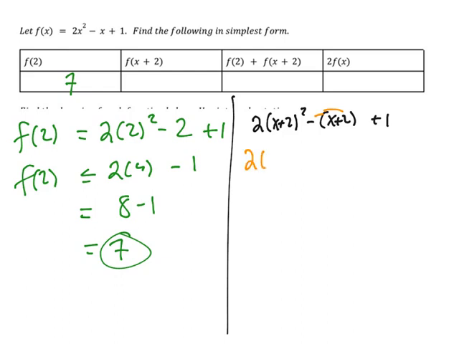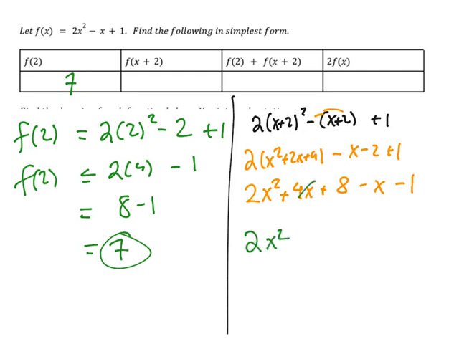Distribute that negative, expand (x plus 2) squared, distribute that 2, and combine like terms. Looks like 2x squared plus 3x plus 7.